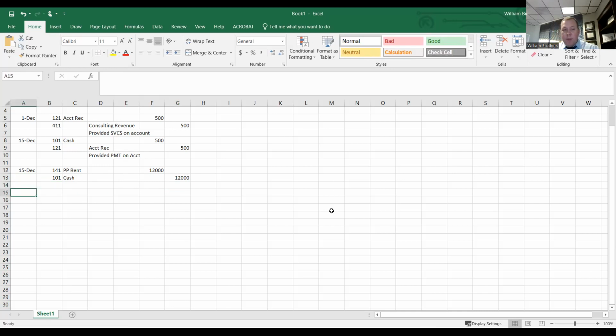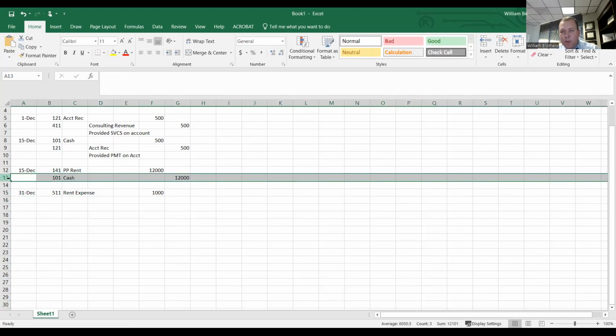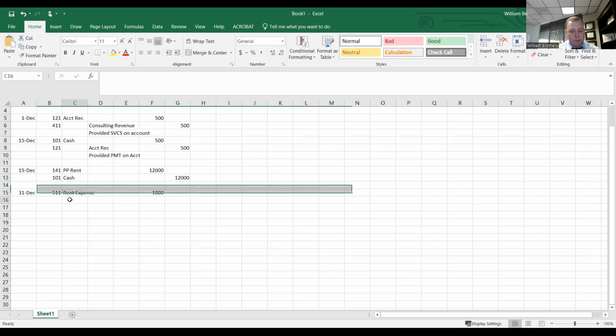However, at the end of this month, 12/31, I would at that point in time recognize rent expense of $1,000. And then my credit is not going to be to cash because I've already affected cash in this transaction. My credit is actually going to be to prepaid rent.